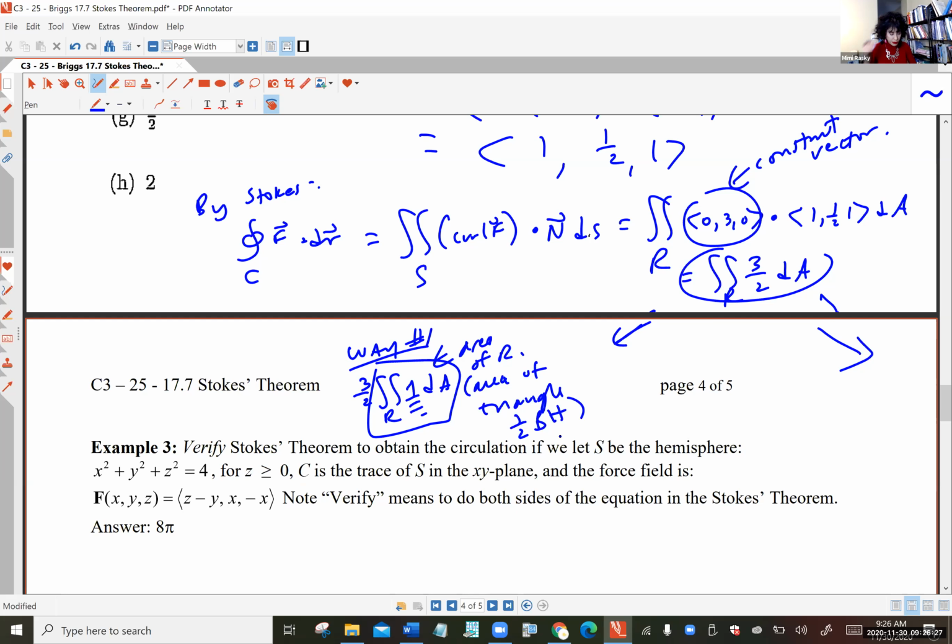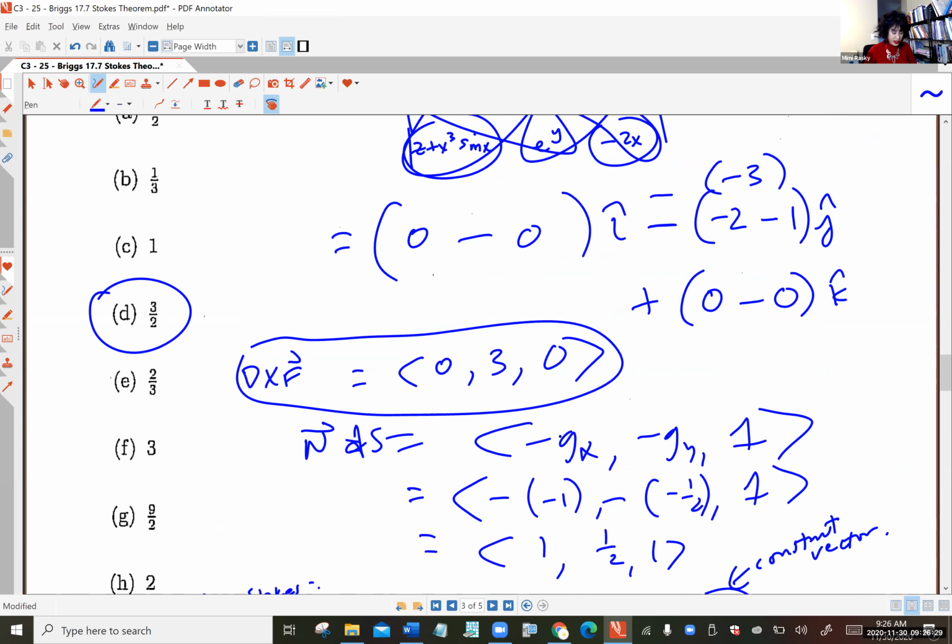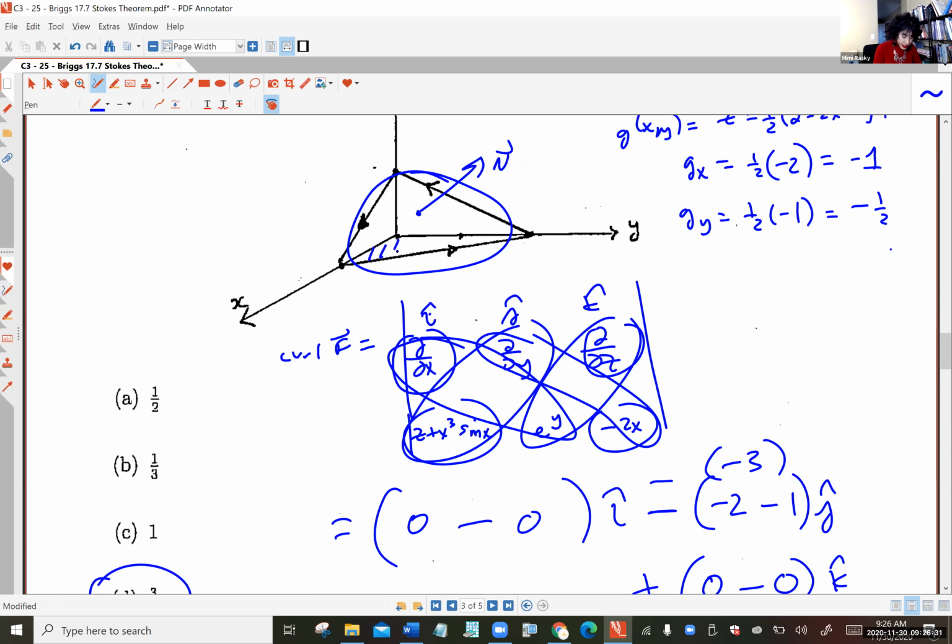So if you look at the projection of this surface onto the XY plane, this is your region R right here. And if you set z equal to 0, looking at the plane equation over here, 2x plus y equals 2.